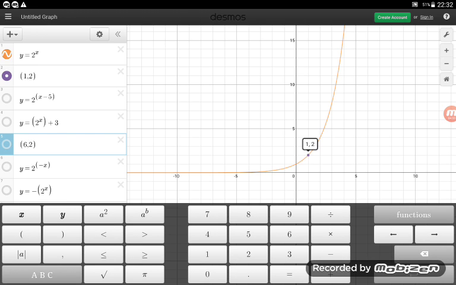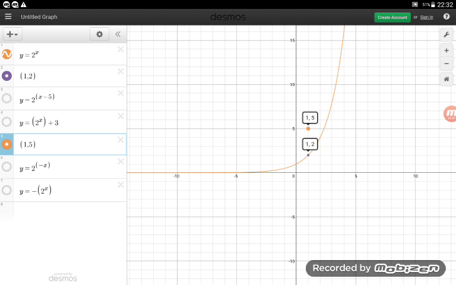Is the x going to change? I hope your answer is no. The x is not going to change, but we are going to move the graph up by 3 because of this plus 3. So the y value is going to change. It was 2, so if you go 3 up, then you'll be at 5. I'm going to show the graph, and hopefully it's gonna pass through (1, 5), and it does.